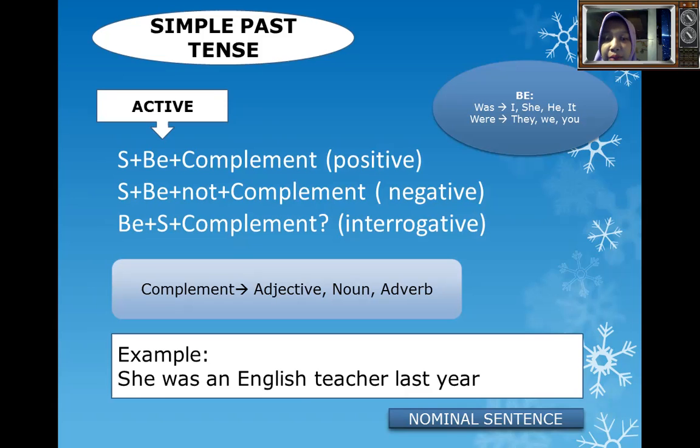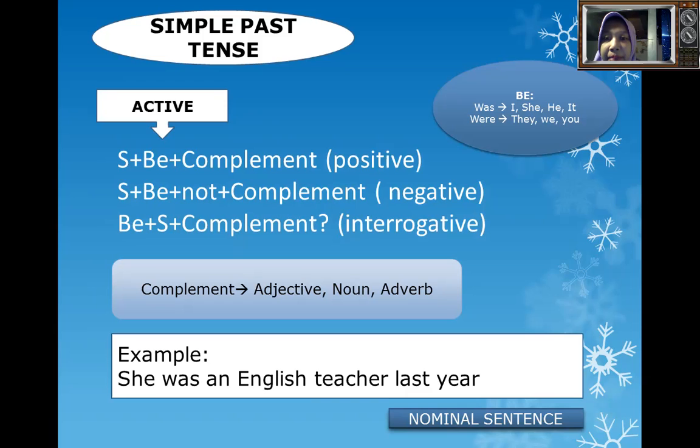She is subject, was is be, complement here is an English teacher, noun. And last year is the time signal. For complement here, you may use adjective, noun, or adverb.